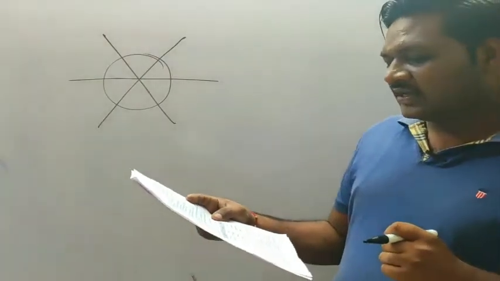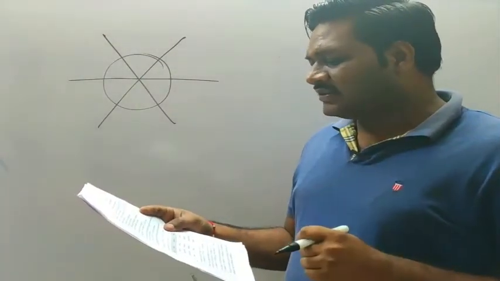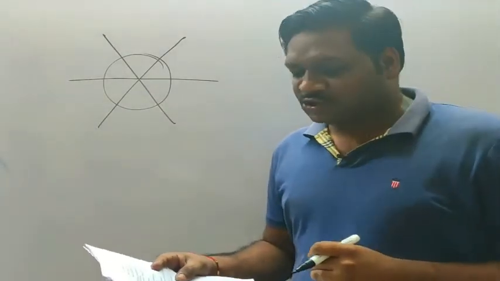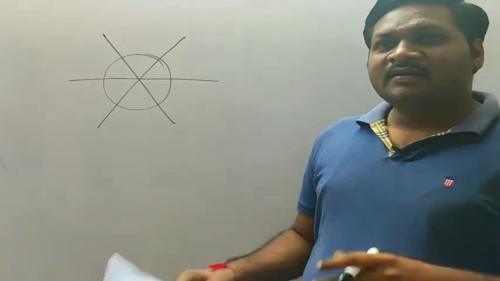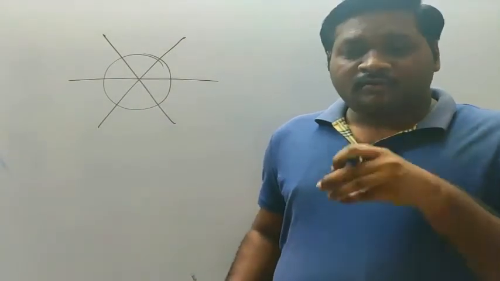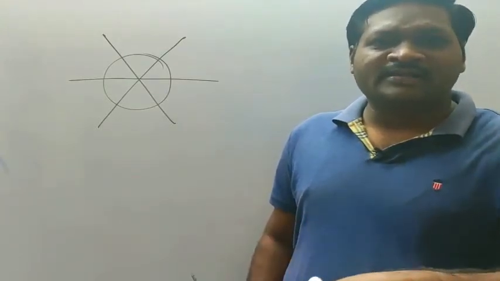The options are given: acellular, cellular, tissue, and organ system. In sponges, it is always the cellular level of organization, because the body of this organism consists of many cells, which is why we call them multicellular.